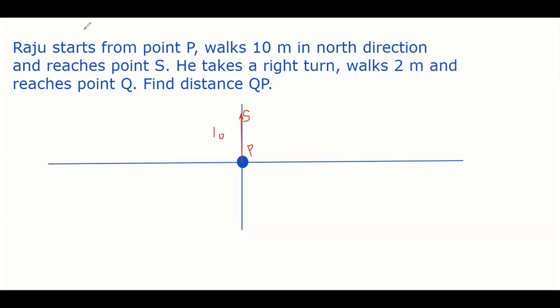He takes a right turn. To which side? East side. Correct. 2 meter. This is too easy a question, guys. That is Q.